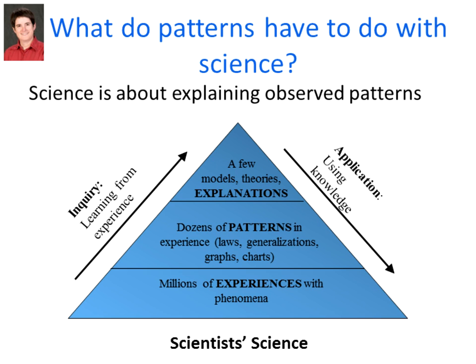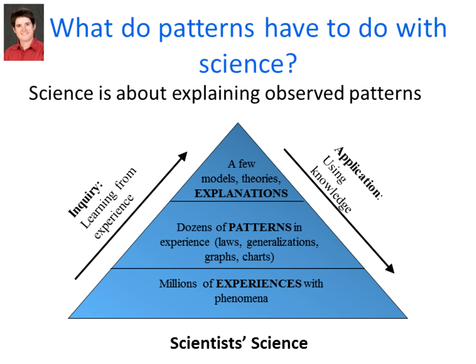So as we move up the triangle, we find that we narrow down the ideas and sort of put them into boxes that we can handle and wrap our head around. As you move up this side of the triangle, this is where we think about inquiry, where we're learning from experiences.